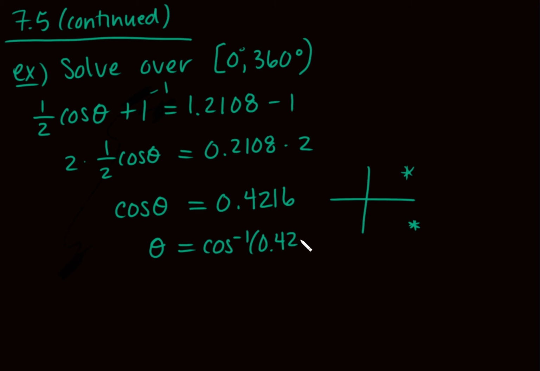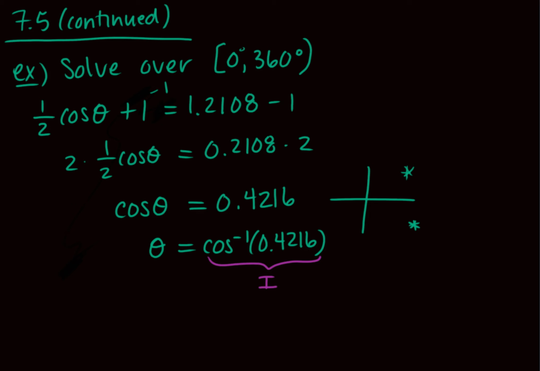Now the issue with that is we are going to have to do a little bit more work, because remember, where is cosine inverse going to spit this guy out? This is only going to be in quadrant 1. So what this gives us is the reference angle for theta, and then we can find the other angle in quadrant 4.